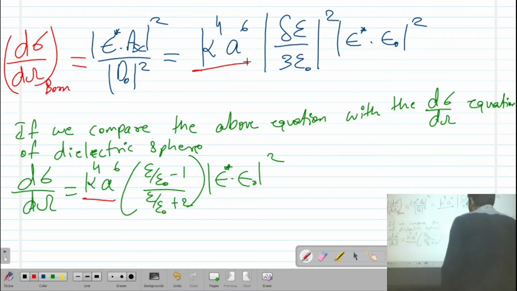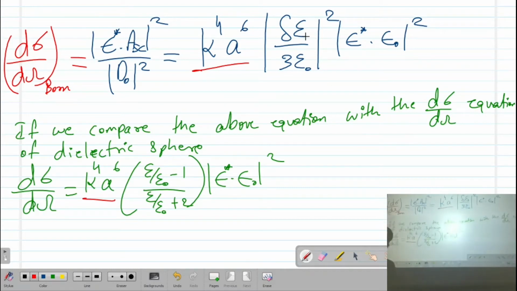Don't get confused about this delta epsilon and 3 epsilon 0. This can be converted: it is nothing but epsilon minus epsilon 0 divided by epsilon plus 2 epsilon 0.